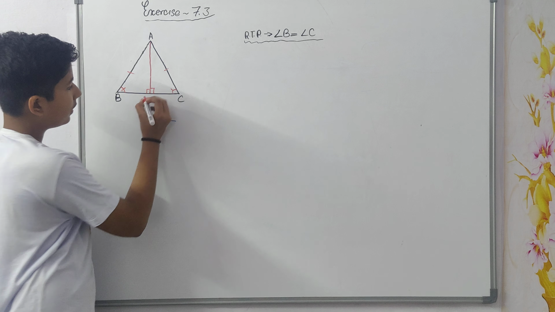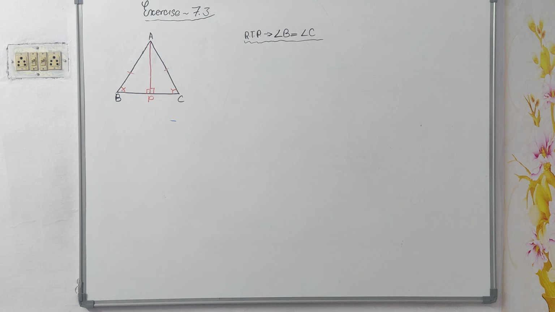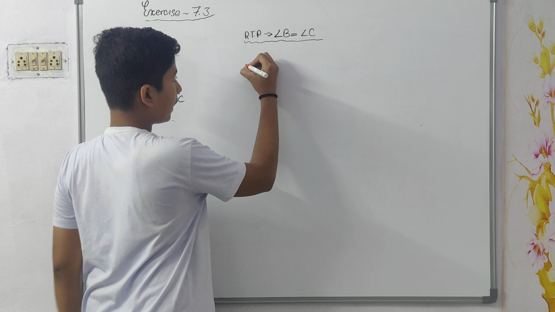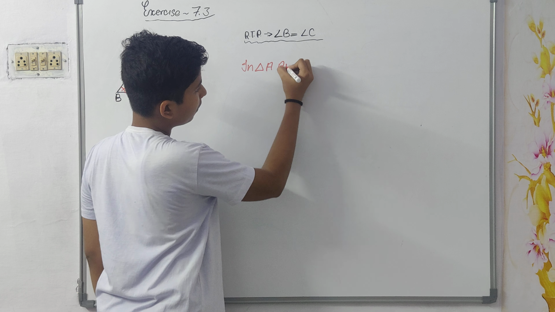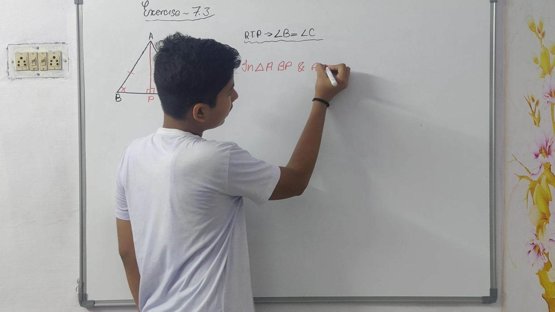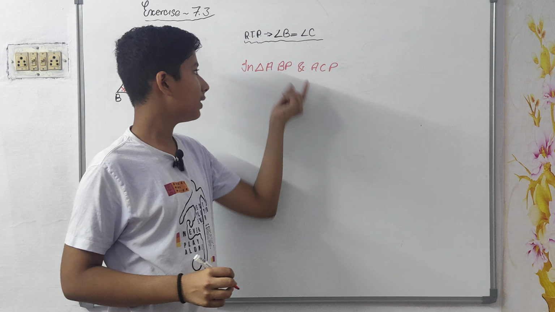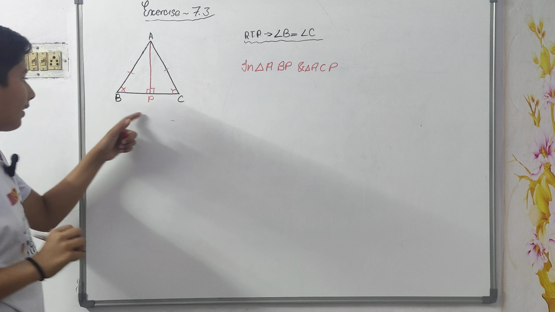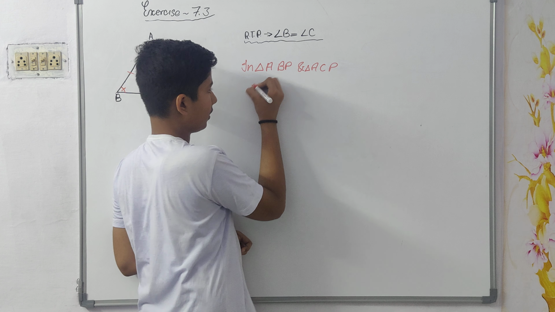So in triangle, is it P? I think so. Yes, it is P. So in triangles ABP and ACP. These are the names of triangles. So what is given? First of all, AB equals AC.